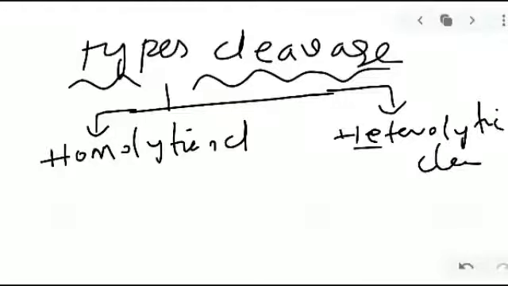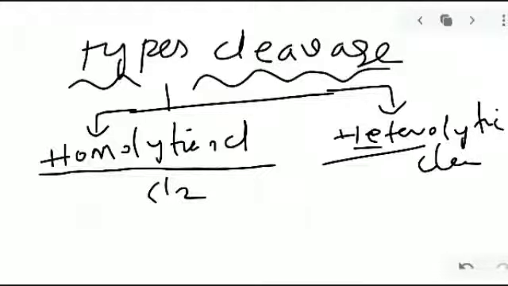Okay, so homolytic cleavage means the cleavage is by the chlorine atoms, so Cl2. Heterolytic means the cleavage is done by two different atoms, like HCl. So look at this, how they are breaking.